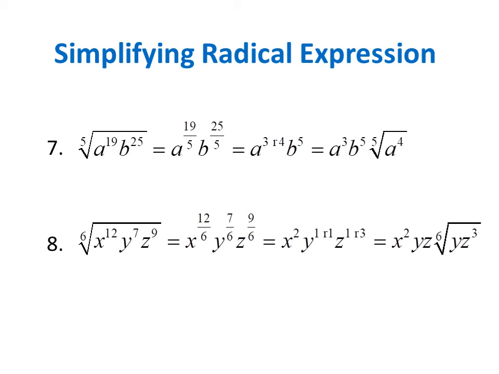Lastly, how do we get the sixth root of x to the 12, y to the 7, z to the 9? We simply divide the exponent of each variable by the index 6.